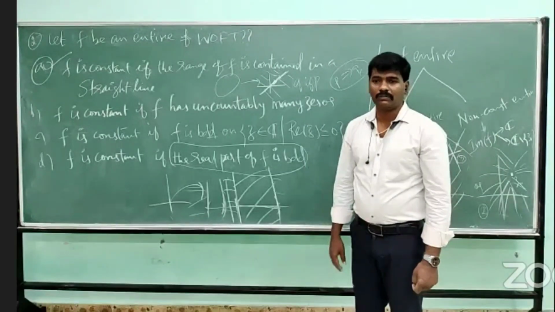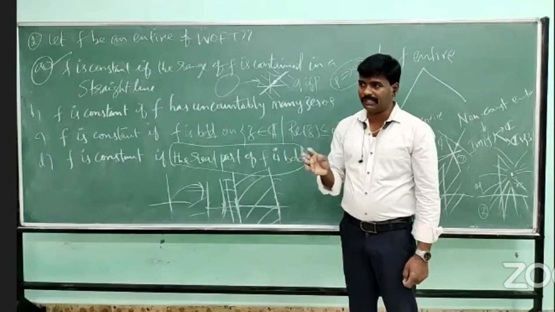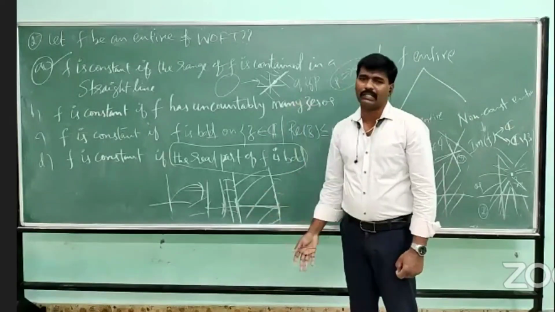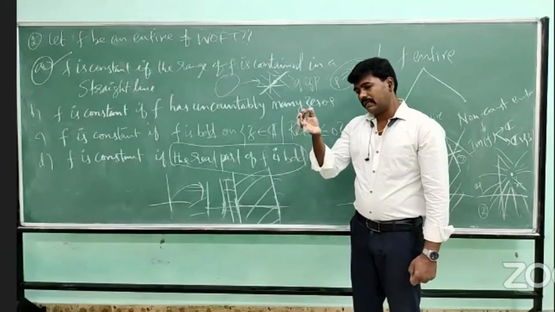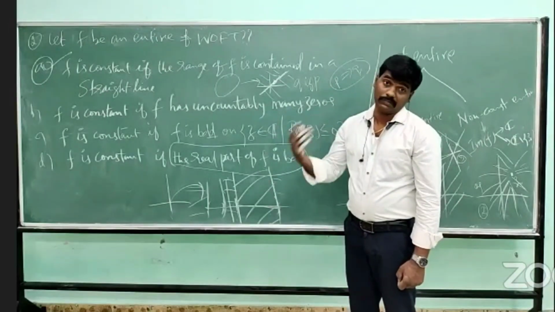Given an entire function whose real part is constant, then f is constant. That is a standard theorem; you take any complex analysis book, this theorem is standard. And if the imaginary part is constant, that entire function should be constant.